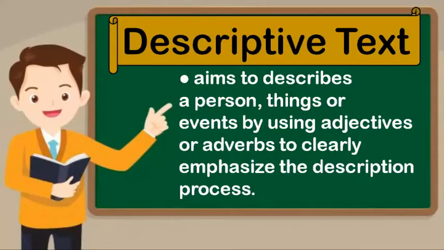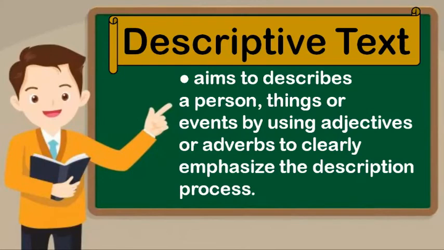And lastly, we have the descriptive text. It aims to describe a person, things, or events by using adjectives or adverbs to clearly emphasize the description. For example, adjectives like "you are beautiful."